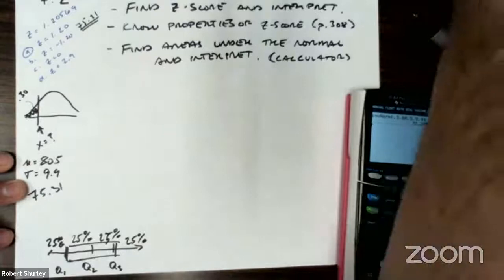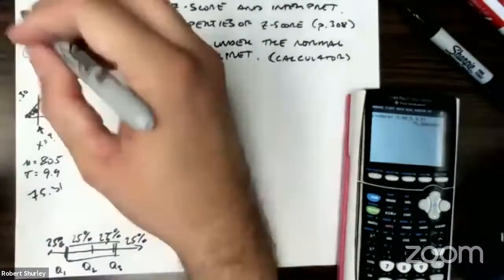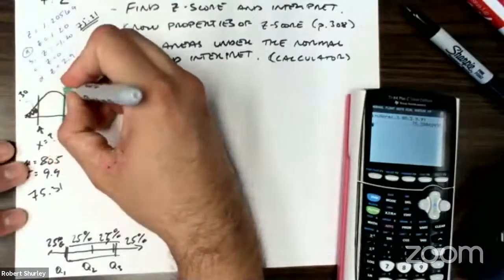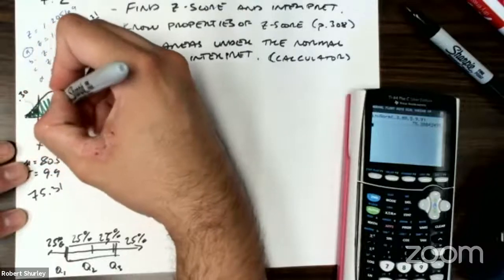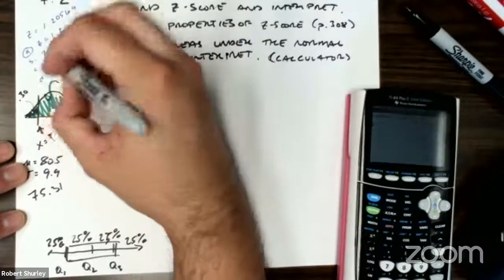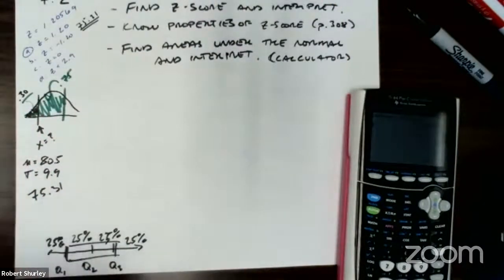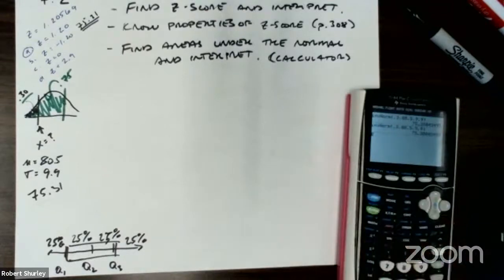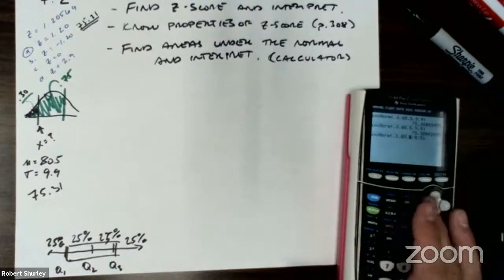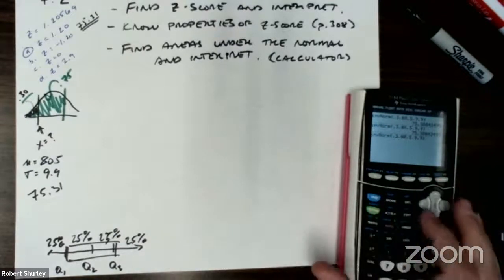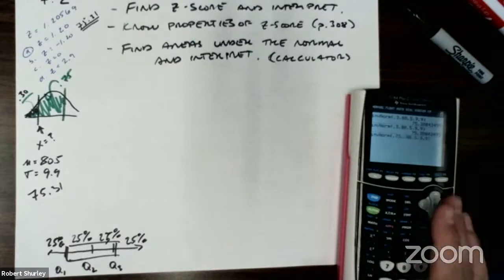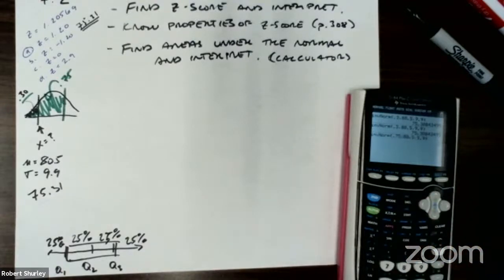So let me use another color so I don't have to rewrite here. If I wanted the 75th percentile, all this needs to be 0.75. So instead of 0.30, I'm going to use 0.75. 87.17.